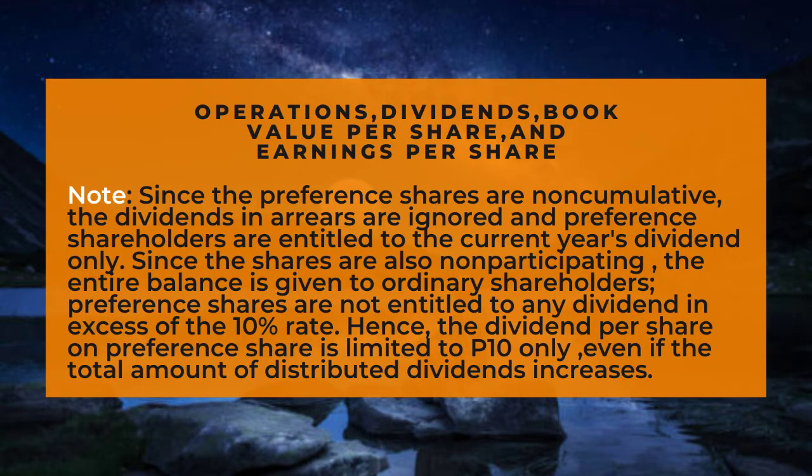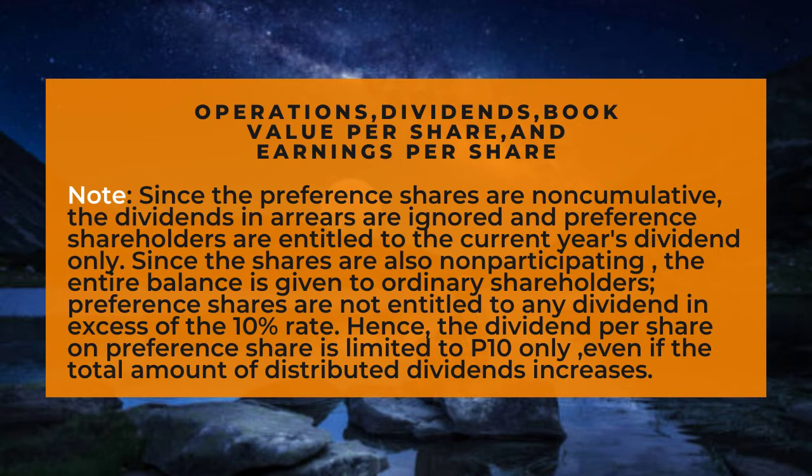Note, since the preference shares are non-cumulative, the dividends in arrears are ignored, and preference shareholders are entitled to the current year's dividend only. Since the shares are also non-participating, the entire balance is given to ordinary shareholders.